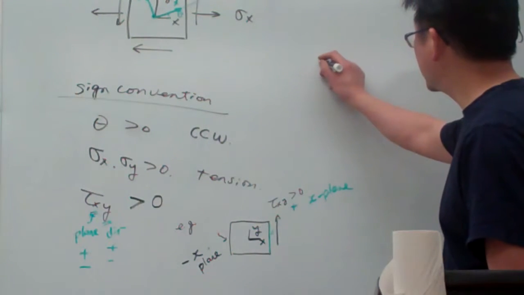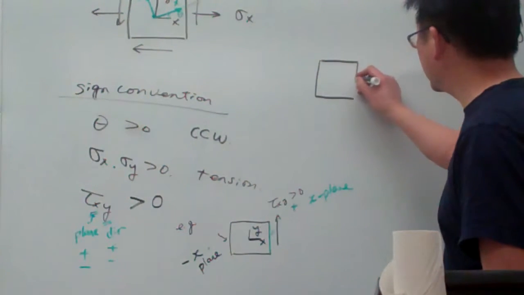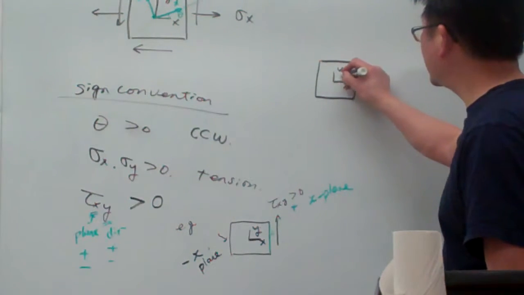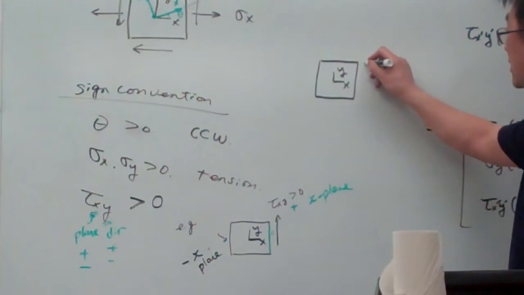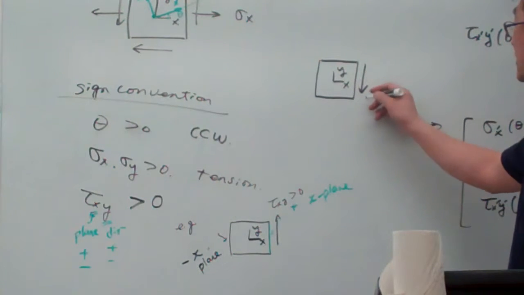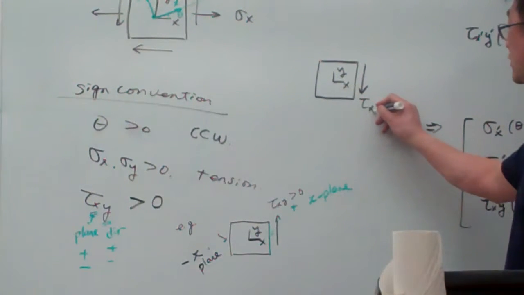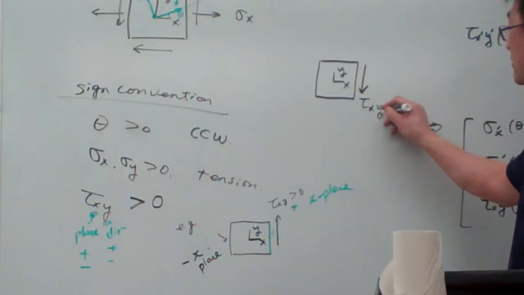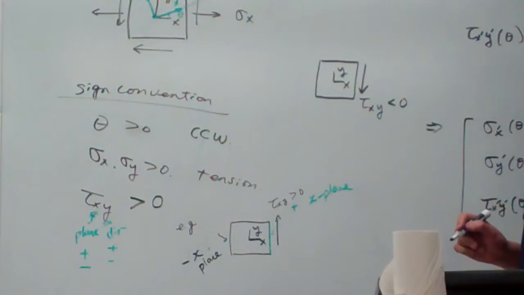Another example is like this. Again, it depends on our coordinate systems. This one, in the positive x direction, pointing to negative y, is defined as negative.